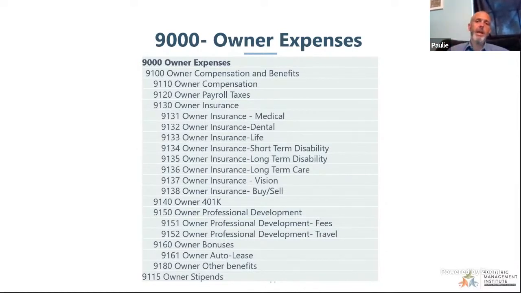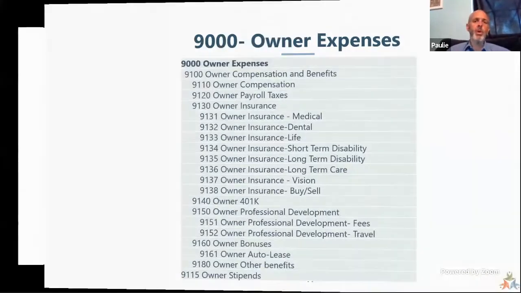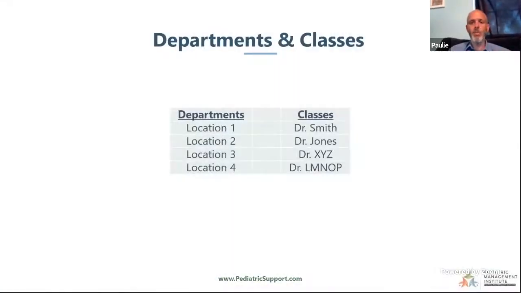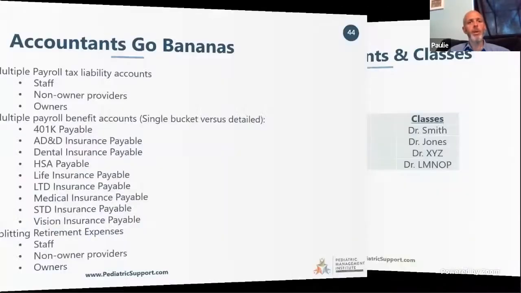It's a very common thing, but not many people are really using those classes and departments to help organize it. And with departments and classes, it helps you to get that granular data, particularly if you have more than one location. And so it generally becomes helpful.